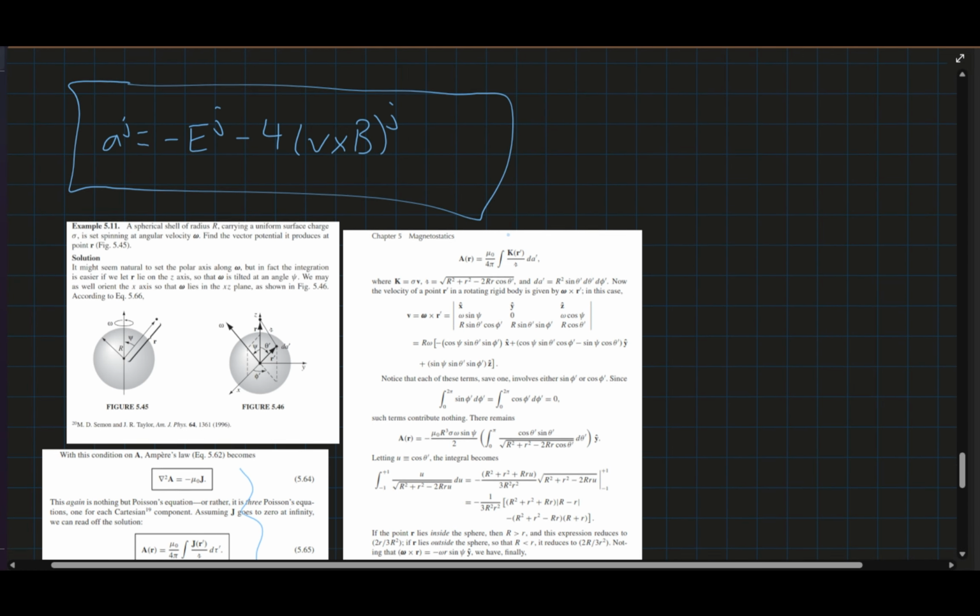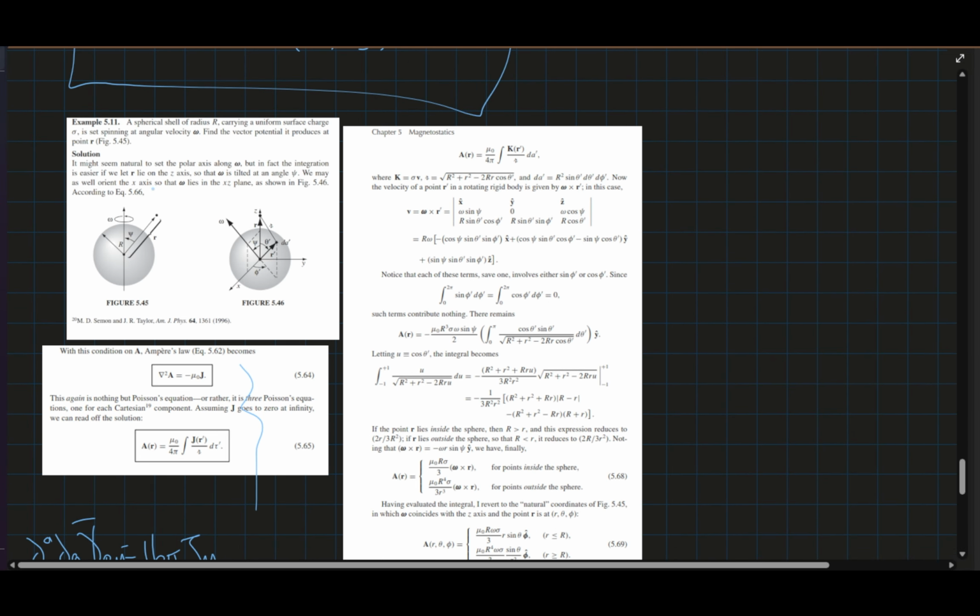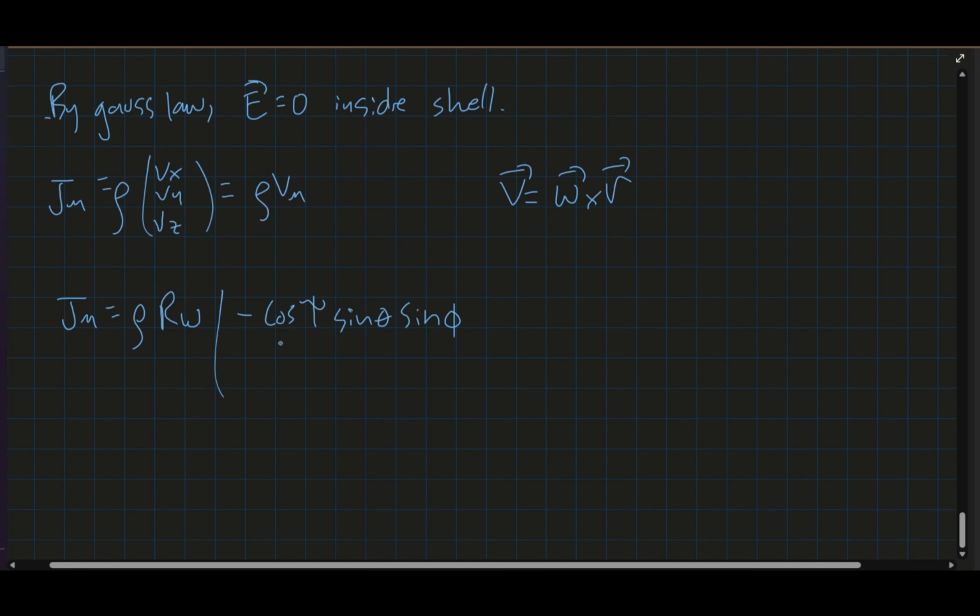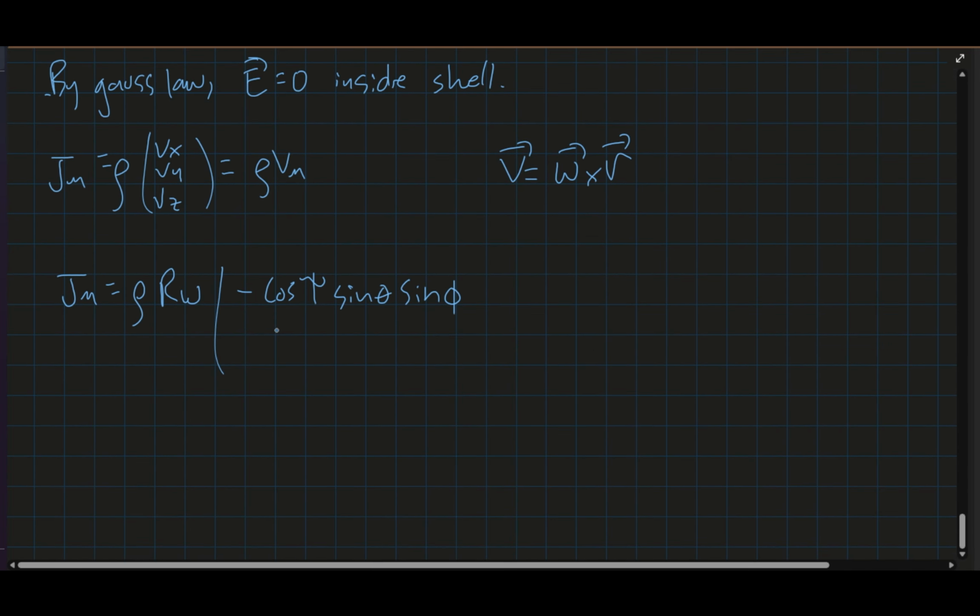What they do actually, they say it might seem natural to set the polar axis along omega, the angular velocity, but in fact the integration is easier if we let r lie on the z-axis. So this psi is the angle between the z-axis and omega, the angular velocity. So that's the first component of this vector.